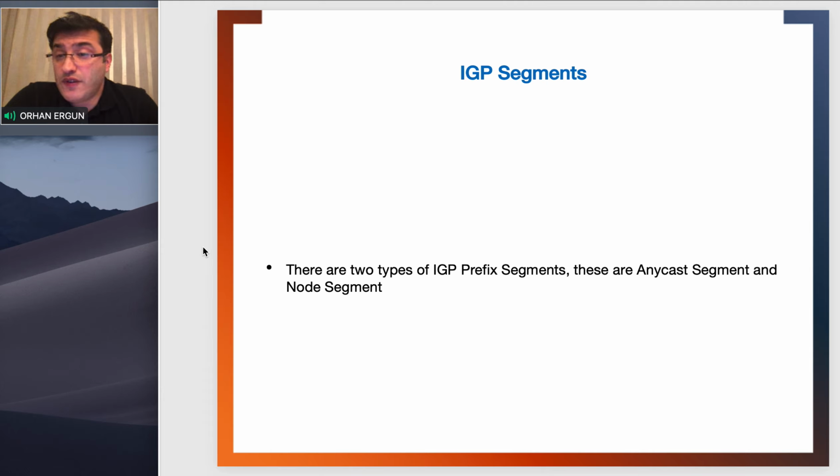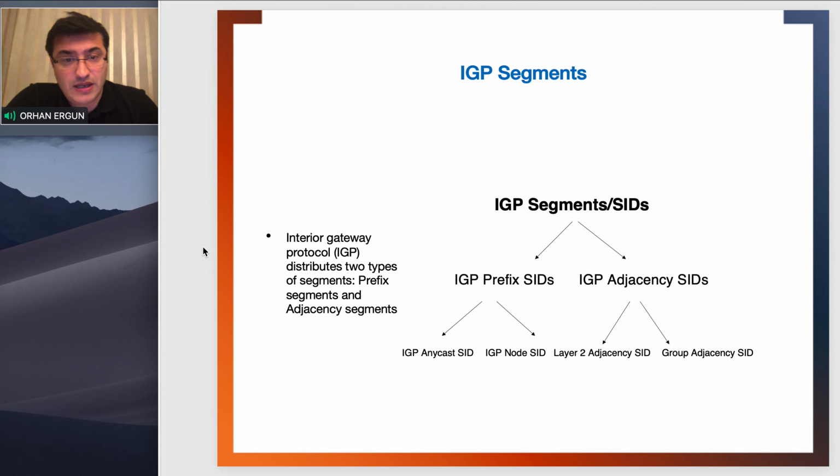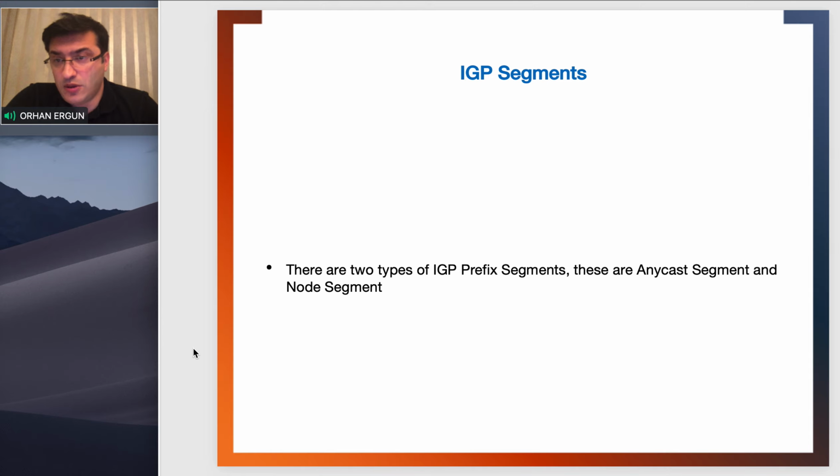There are two types of IGP prefix segments. When we saw the prefix segments in the chart in the beginning, let me show you again: prefix segments, Anycast or node SID. Now we will be talking about those. Slowly I am going through. It should be very obvious; after maybe 5-10 minutes, things will be much more clear.